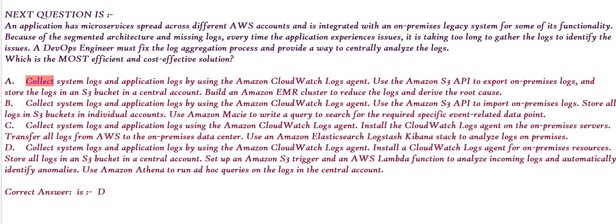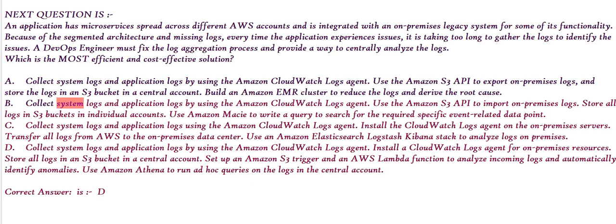A. Collect system logs and application logs by using the Amazon CloudWatch Logs agent. Use the Amazon S3 API to export on-premises logs, and store the logs in an S3 bucket in a central account. Build an Amazon EMR cluster to reduce the logs and derive the root cause.